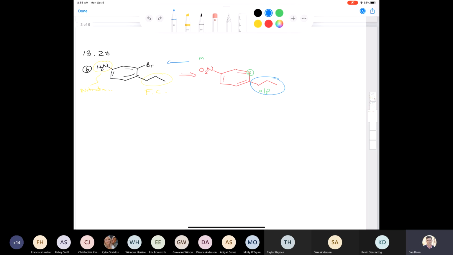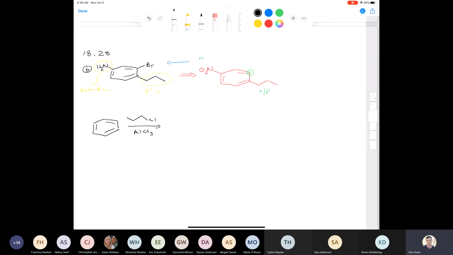There's a lot of things to consider here in this sequence. Let me go over this slowly and remind you that if we want to add that propyl group onto a benzene ring, I can't just use 1-propyl chloride and aluminum trichloride. We talked about that in the very first class of chapter 18.